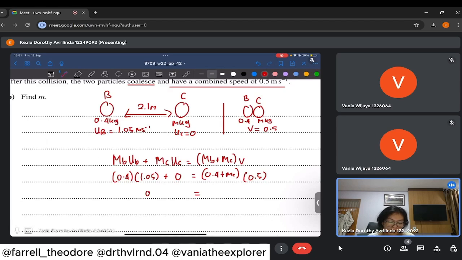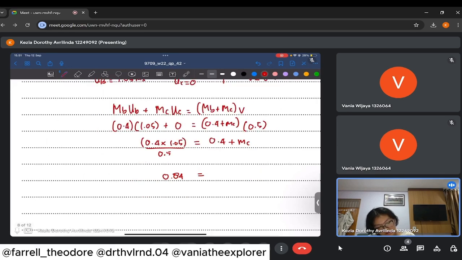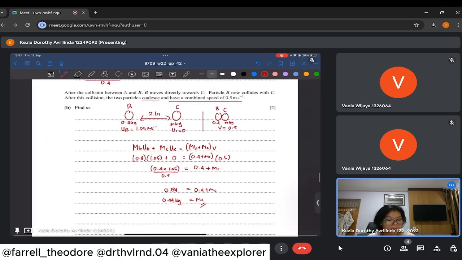So 0.4 times 1.05 divided by 0.5 is equals to 0.4 plus MC, which is 0.84, and then 0.4 plus MC. So MC is equals to 0.44 kg. That's the answer for part B of question 6.